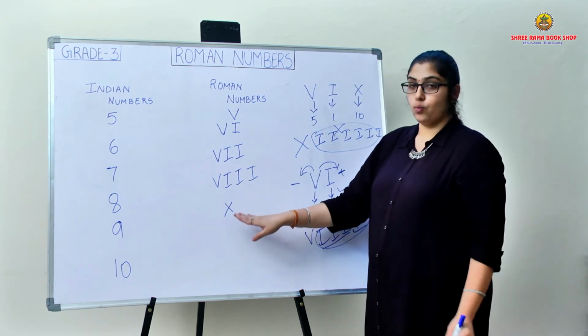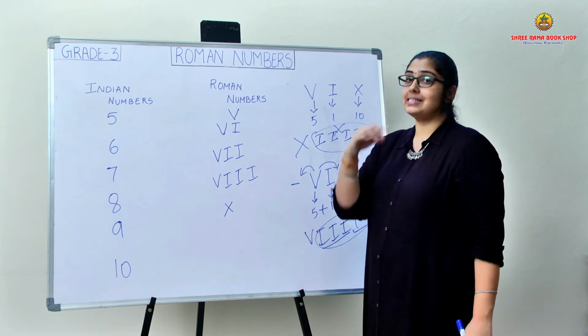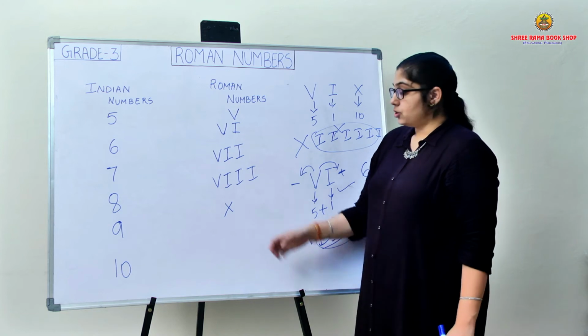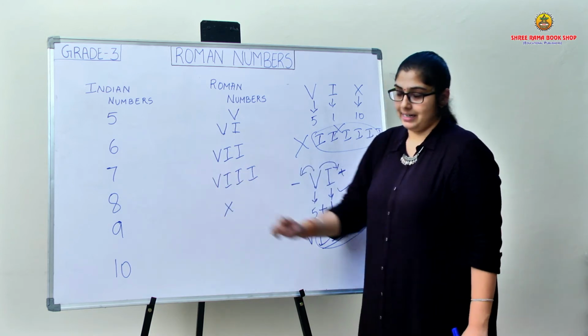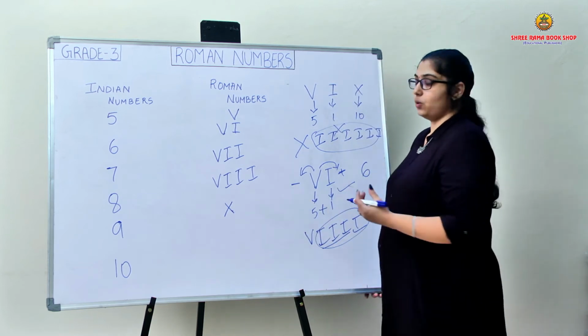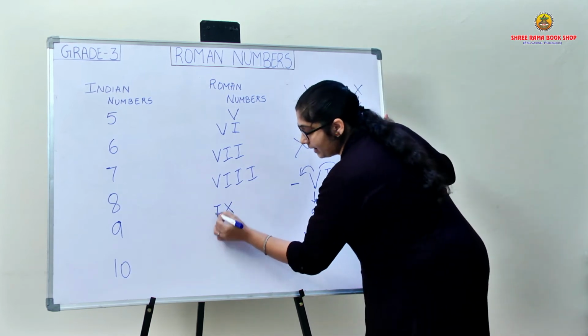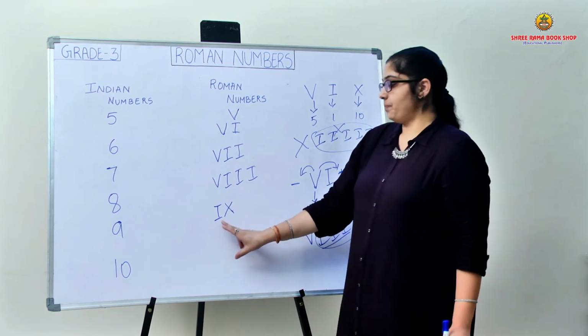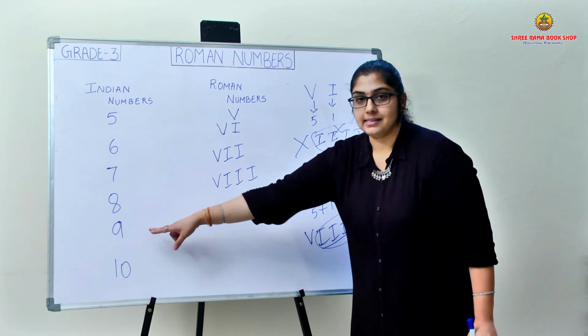X is 10. So how much do I need to minus? I need to subtract 1 from 10. So then I'll get the digit 9. So I take X, which represents 10 in Roman symbol, and I'll add I to the left side of it so that I can subtract 1 from 10, then I'll get the answer 9.